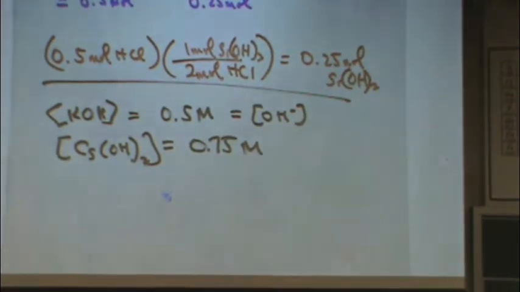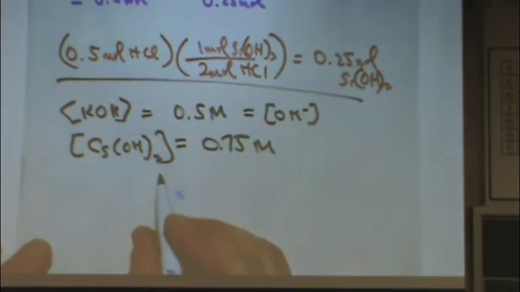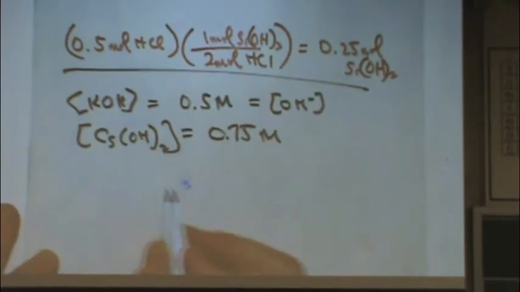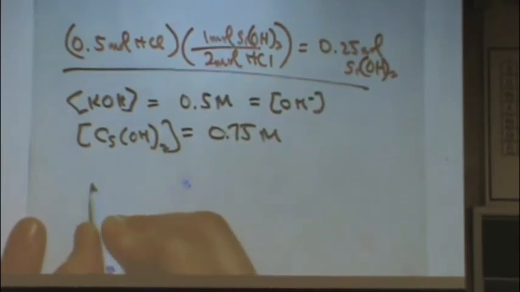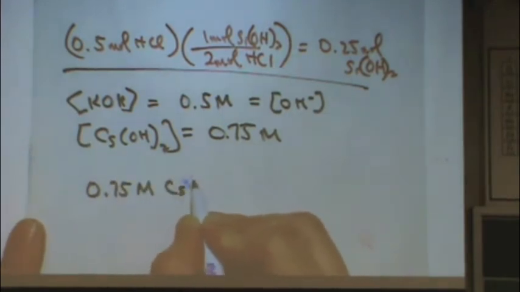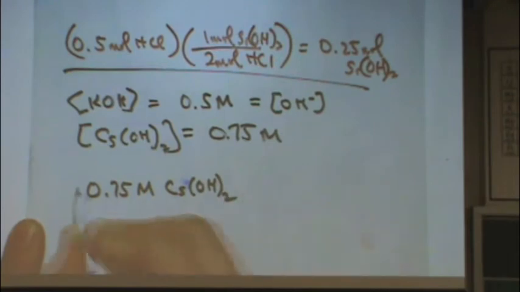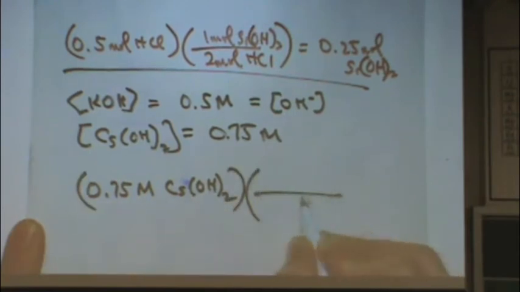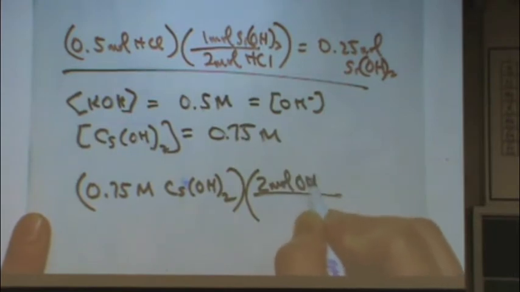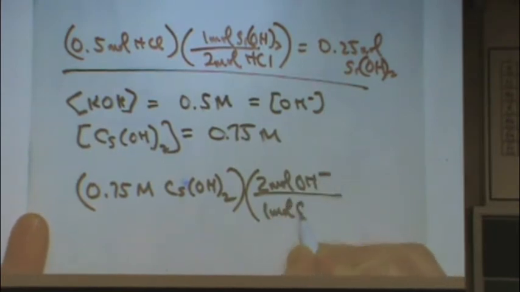However, this one involves a little more thought because there's 2 of them. It's generating 2. So, if I have 0.75 molar of the cesium hydroxide, and then there's 2 moles of hydroxide for every 1 mole of cesium hydroxide.